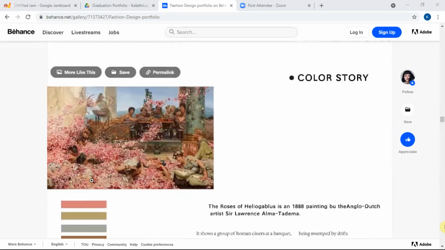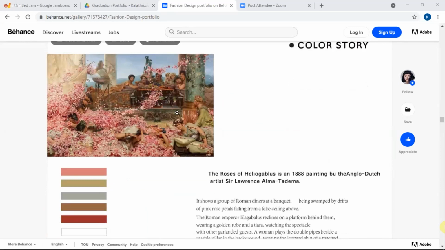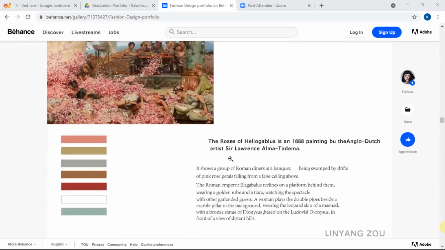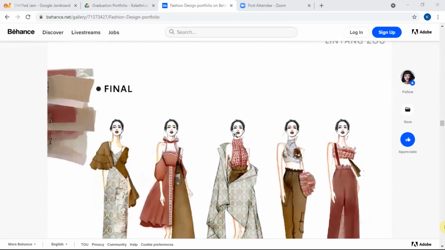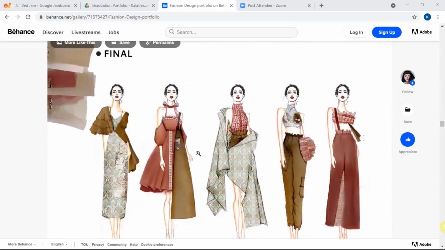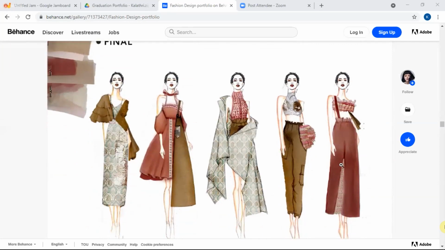Can you see that colors are taken from one particular picture here? From this picture that shows the mood or the concept or everything about the collection, that color palette is used, taken from this one. So this is the realization, the final garments.